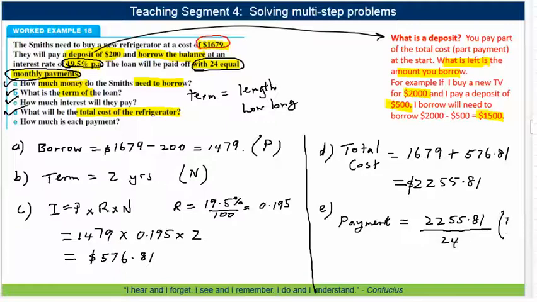So here I just put that in brackets, total cost divided by number of payments. I run out of room. And we get something like $93.99. And there it is. So there's the working out of a loan.